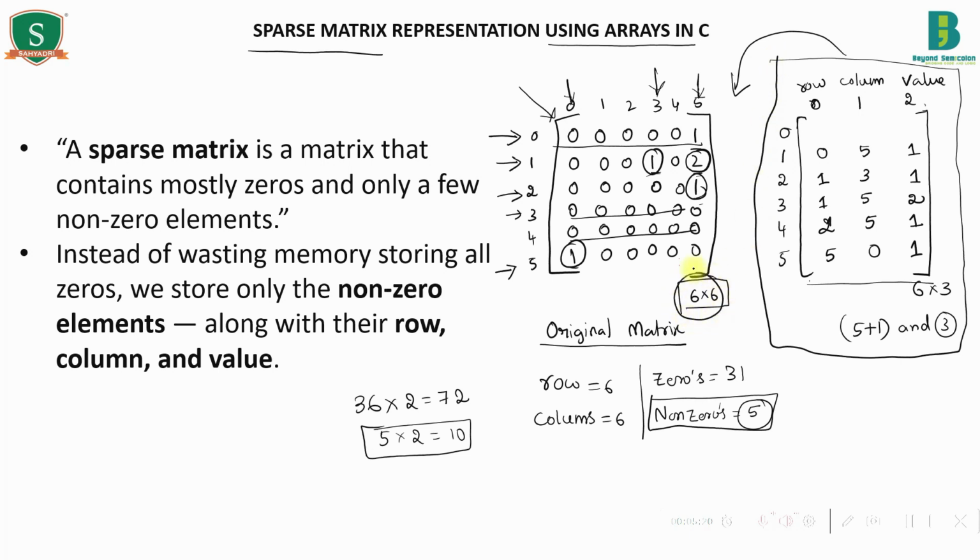So we mention in the 0th row the total number of rows in the original matrix, which is 6, the total number of columns, which is 6, and the total number of non-zero elements, which is 5. If you look at the 0th row, we get the details of the complete original matrix.